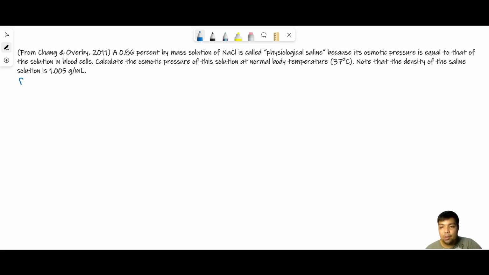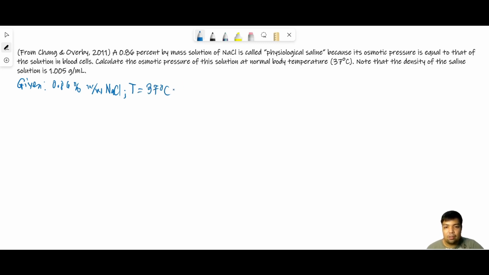So let's write first our given. So we have a 0.86% weight per weight or mass per mass of our sodium chloride. Then we have our temperature, which is equal to 37 degrees centigrade.